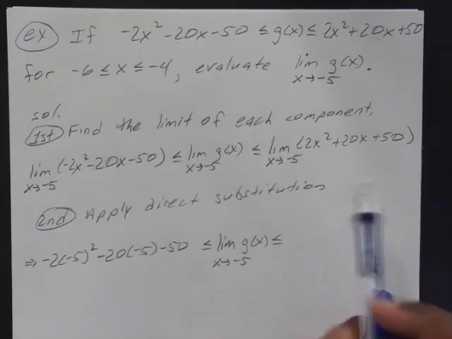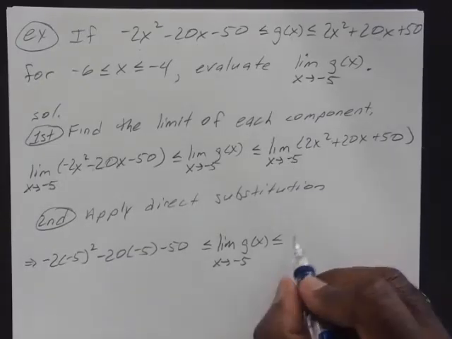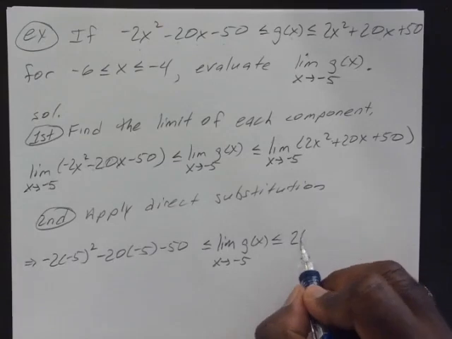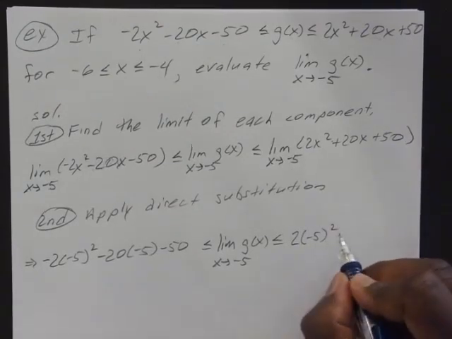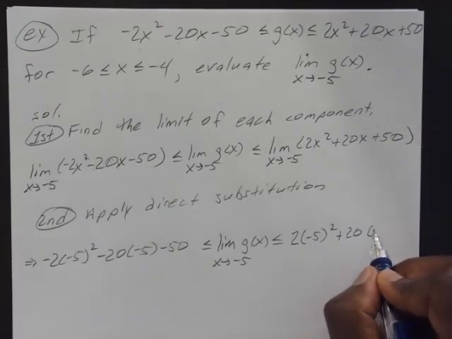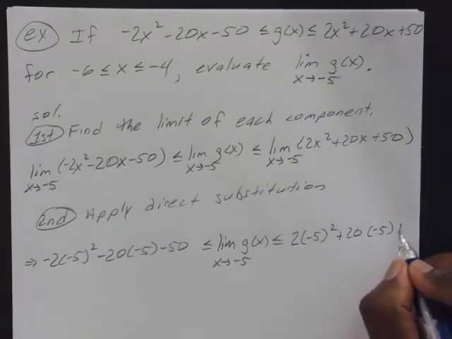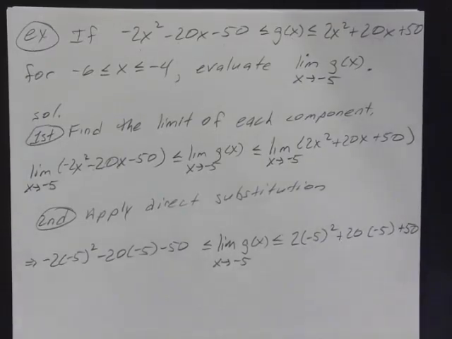And that's less than or equal to, we apply direct substitution here, 2 times -5 squared plus 20 times -5 plus 50.